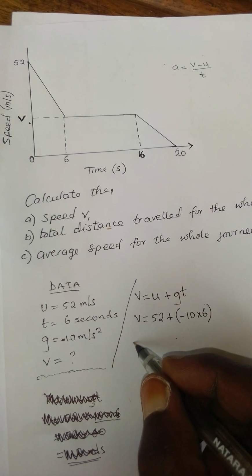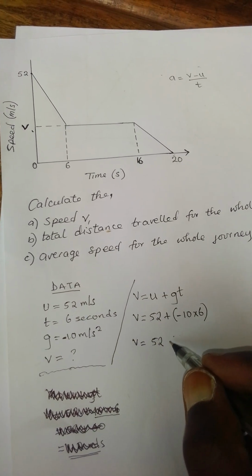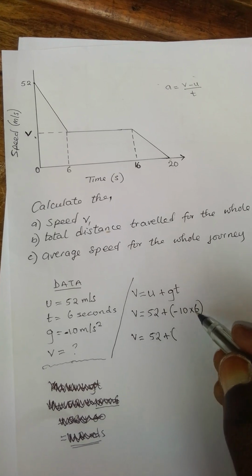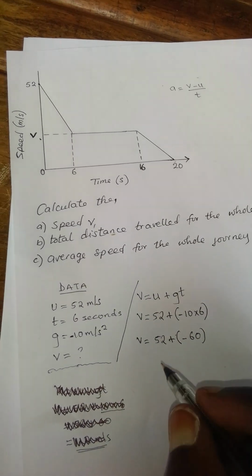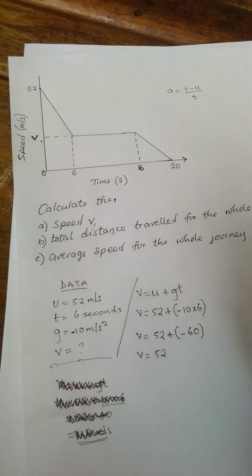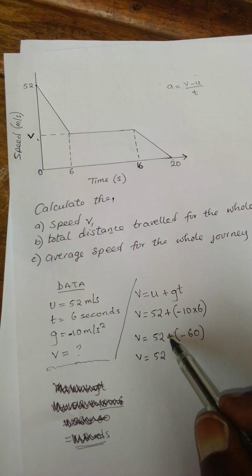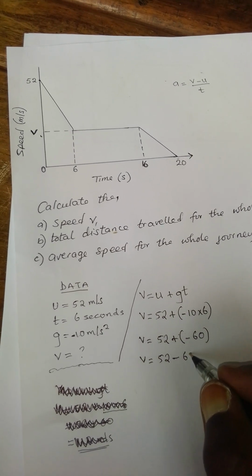So our final velocity v is equal to 52 plus, in the brackets, negative 60 meters per second. Here we go back to mathematics. Positive times negative, the answer is always negative 60 here.